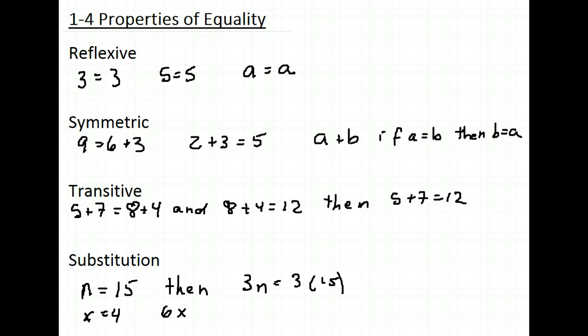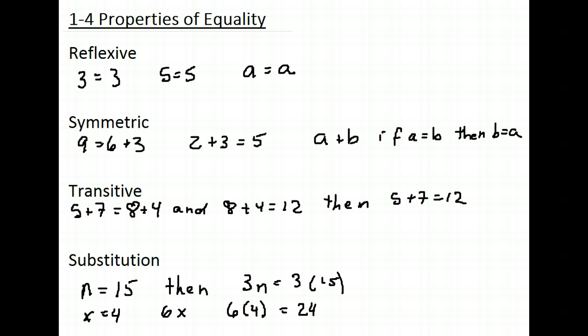So we substitute this 4 in, because we say x is equal to 4. We substitute it in for our x, and remember when we're doing that, we write that as 6 open parentheses 4 close parentheses. So we're saying that this is still multiplication. So now you have 6 times 4. So the value would equal 24.